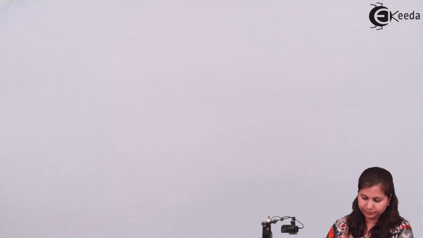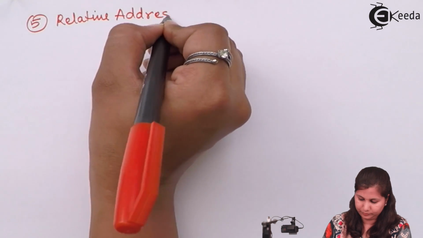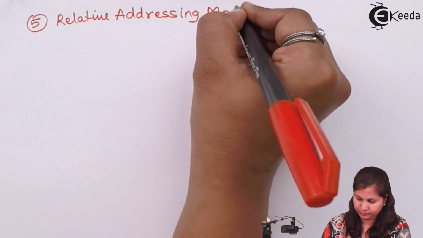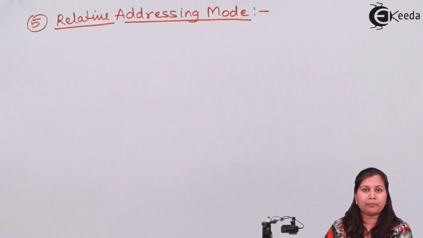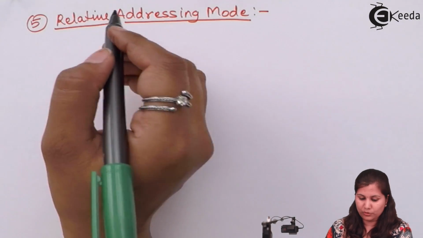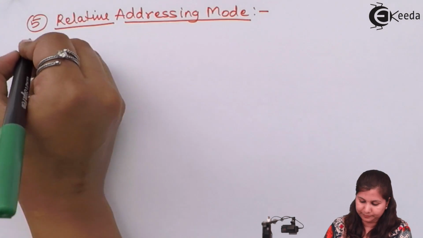Next addressing mode is the relative addressing mode. Now this type of addressing mode is sometimes also known as the program counter relative addressing.